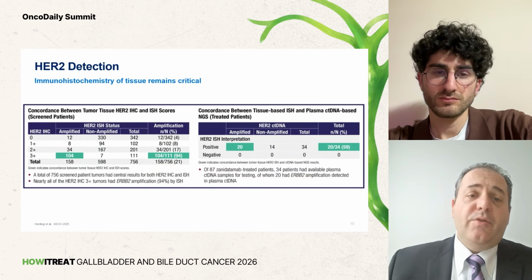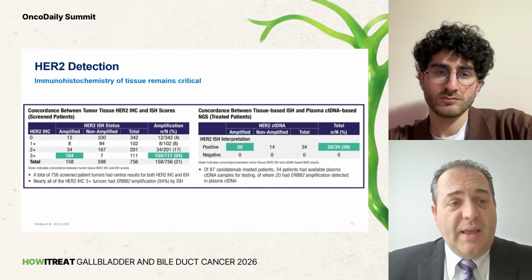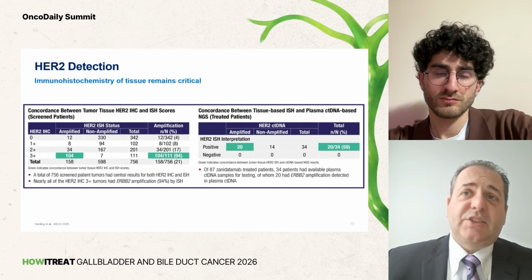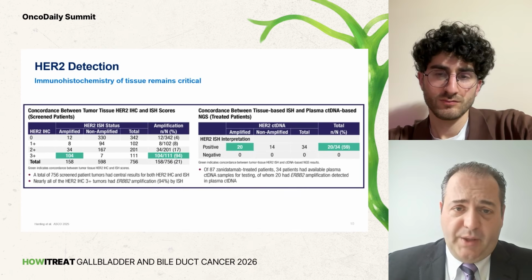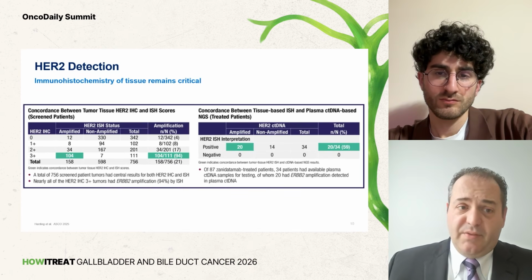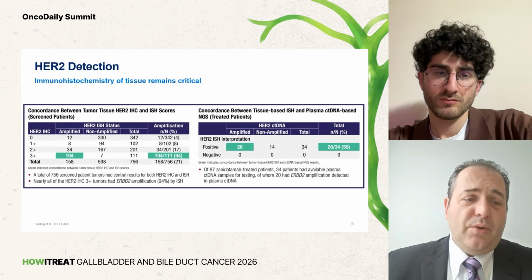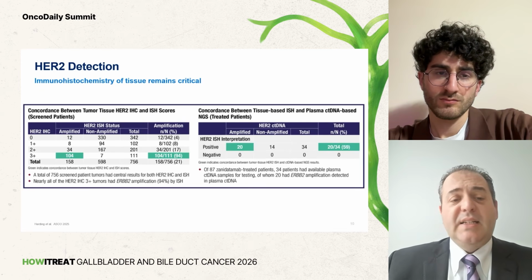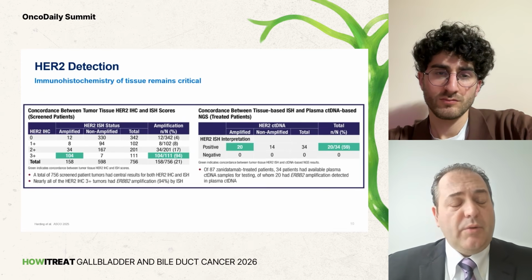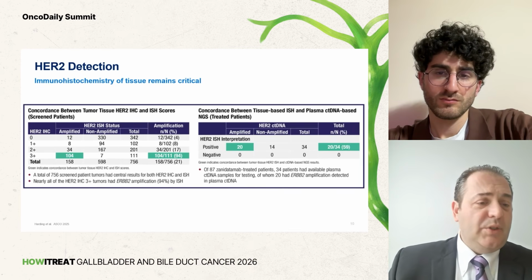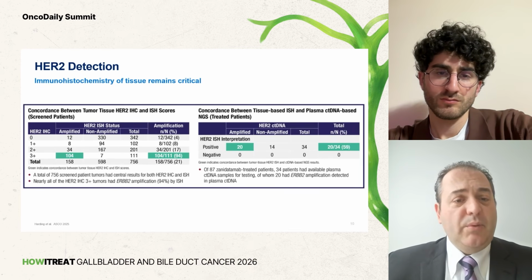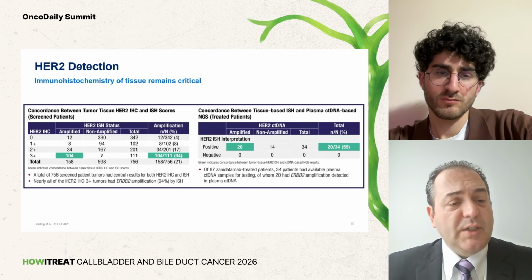But before I do that, I want to emphasize that HER2 detection is critical for all patients with biliary tract cancers, irrespective of anatomic subsite. And we must still do immunohistochemistry. The data that I'm showing you here are from the Horizon BTC01 study, which I was co-lead with a variety of investigators across the globe.